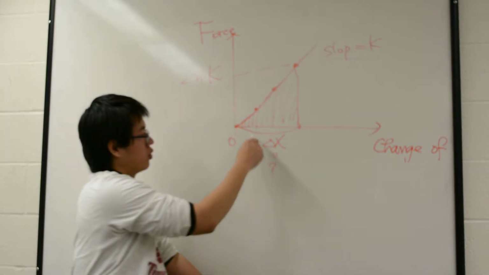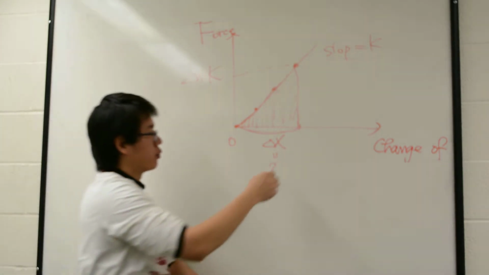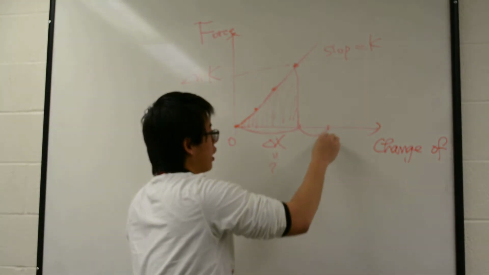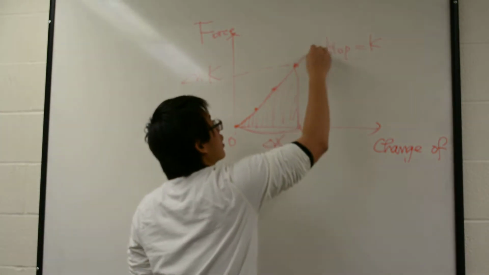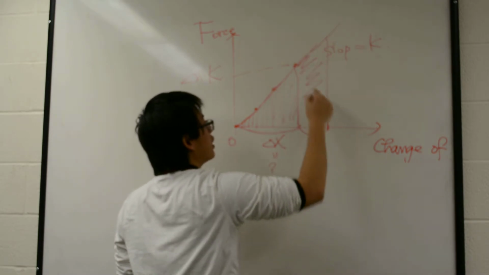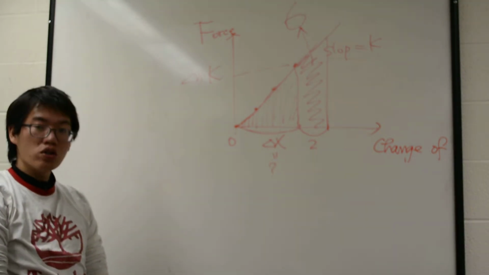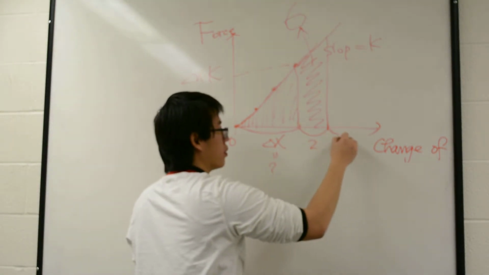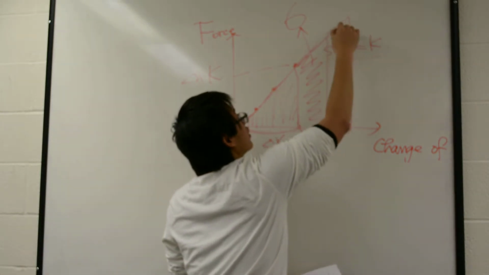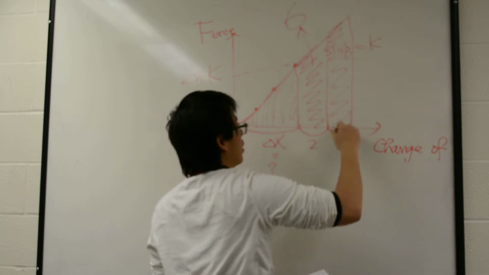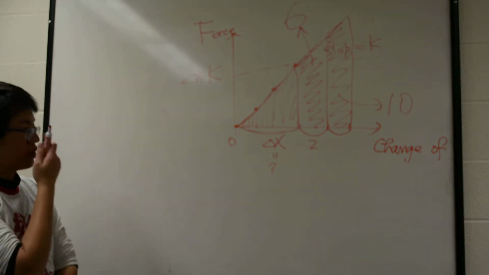You don't know the delta x. But you know that if I pull another 2 cm, the work I need is 6. And you also know if I pull it again by 2 cm, the work for the shadow part is 10.